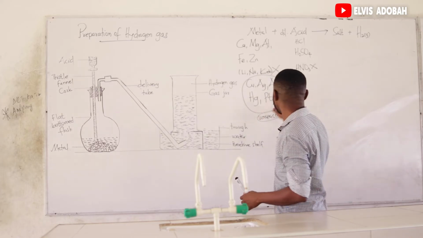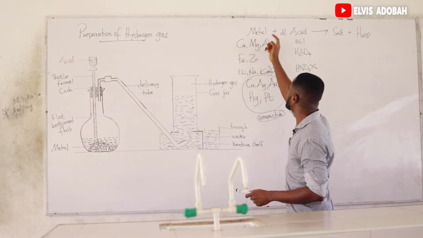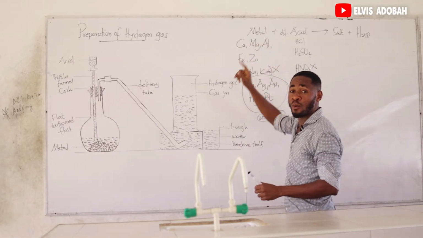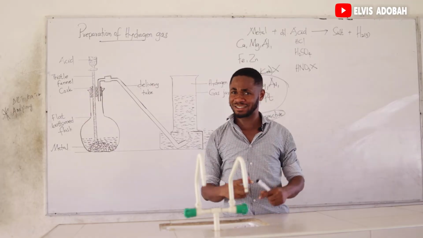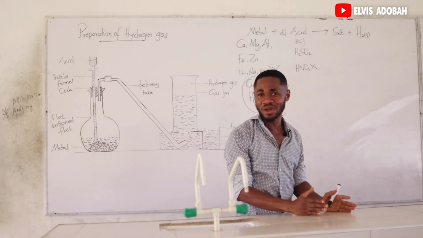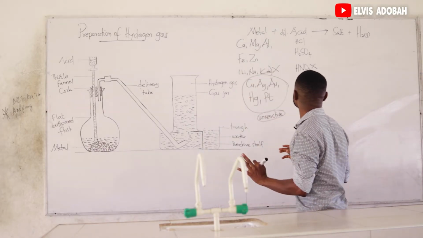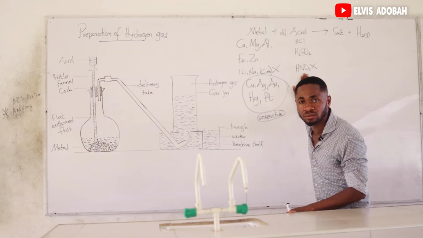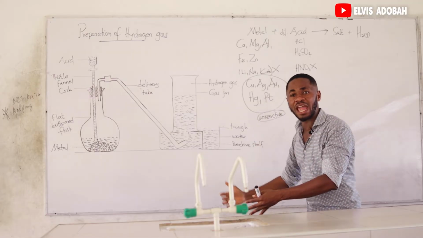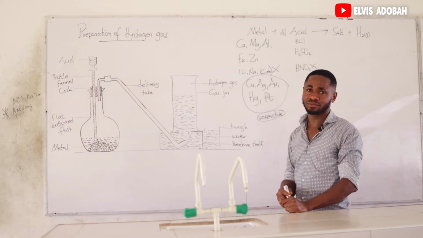You can use nitric acid for this experiment only if the metals you are using are magnesium and manganese. Remember them, the two M's, magnesium and manganese. They will react with nitric acid to form a salt and release hydrogen gas.